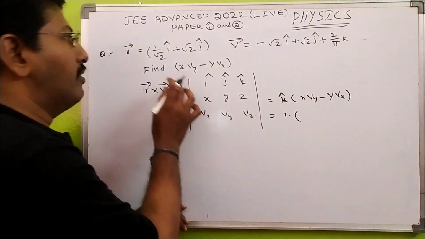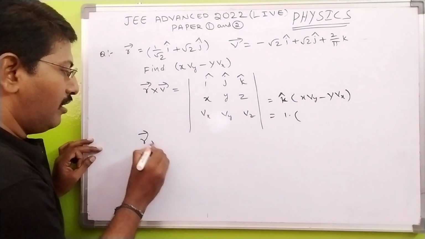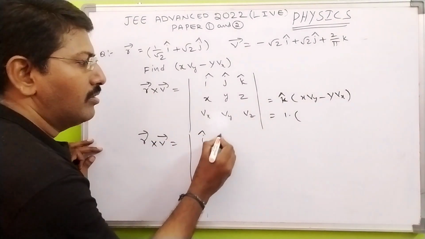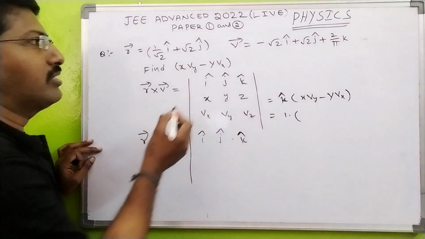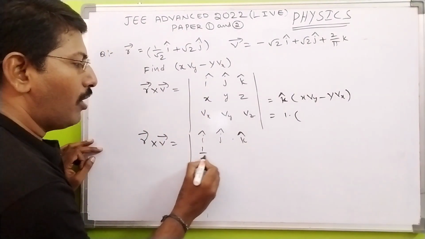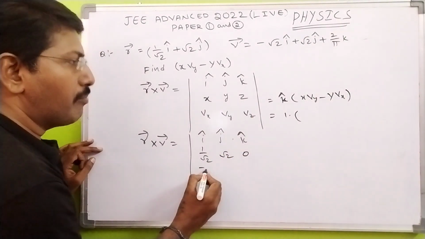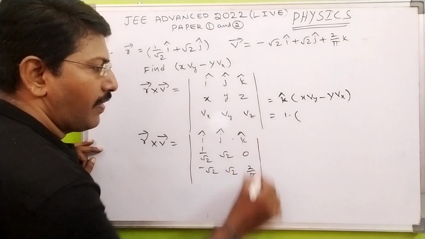So r bar cross v bar is the determinant of i cap, j cap, k cap; x value 1 by root 2, 2 root 2, 0; then minus root 2, root 2, 2 by pi.